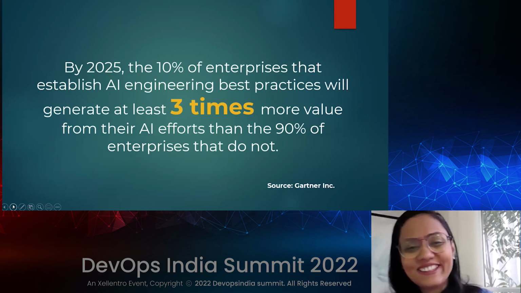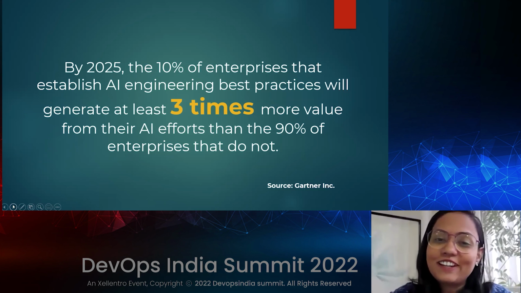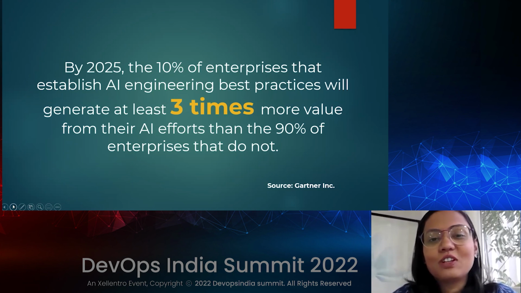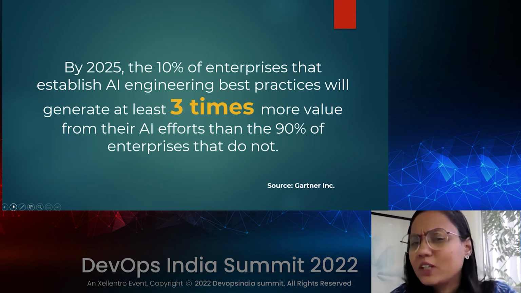So if I try to see what is the future that lies ahead, especially in this area of AI-driven SDLC, this is one of the pieces of research that Gartner did. And this is fairly recent research, from October or November 2021, I believe.